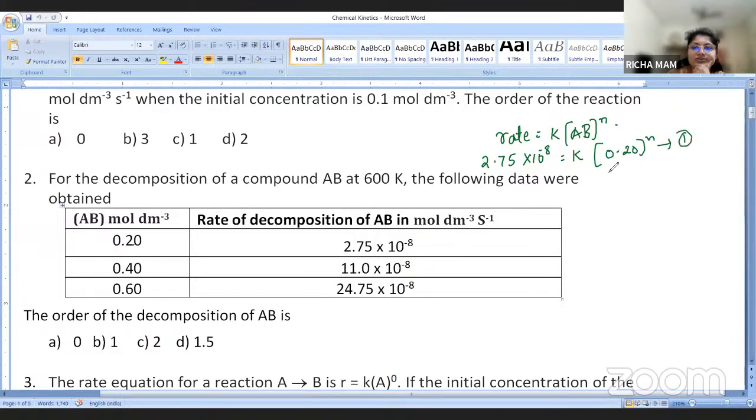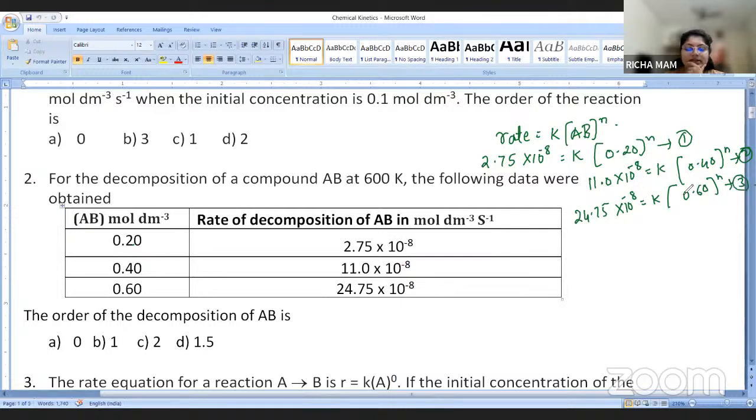This is the first rate equation. The second is 11.0 into 10 raised to minus 8 is equal to k into 0.40 raised to n. The third one, 24.75 into 10 raised to minus 8 is equal to k into 0.60 raised to n.